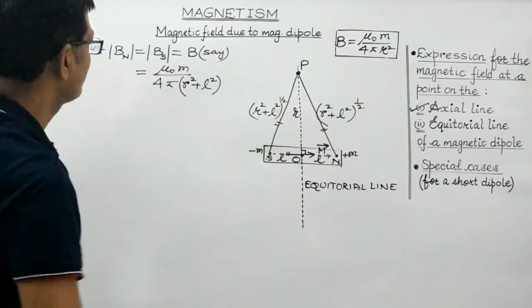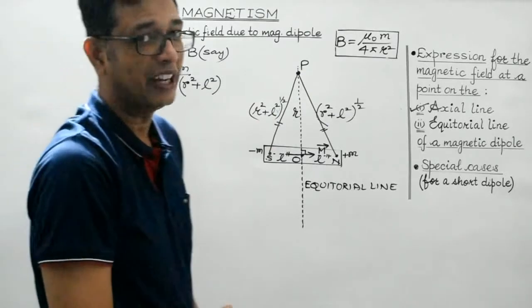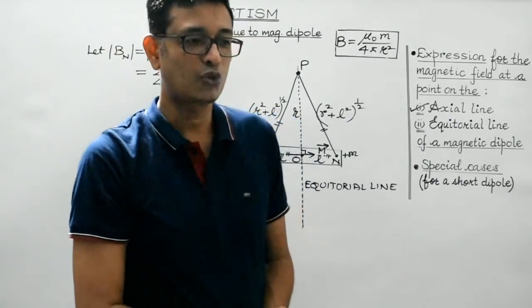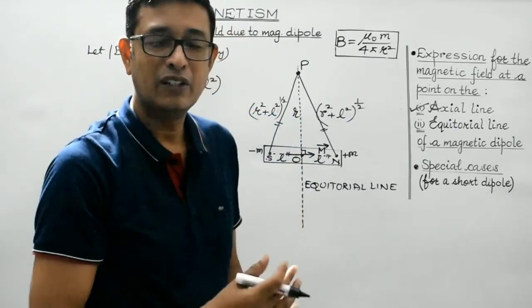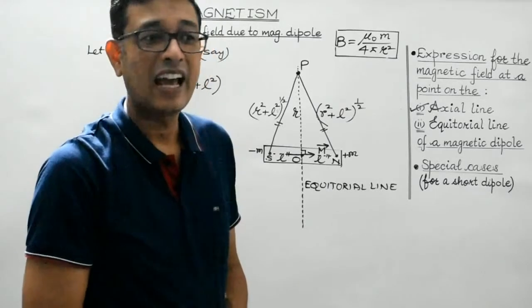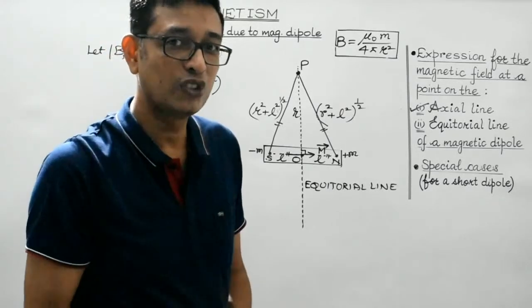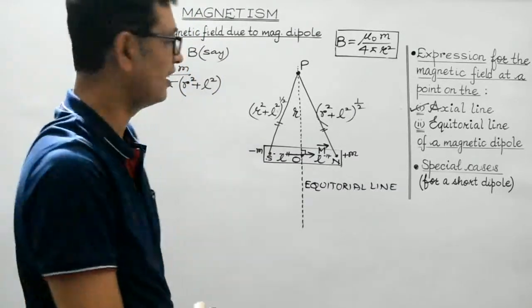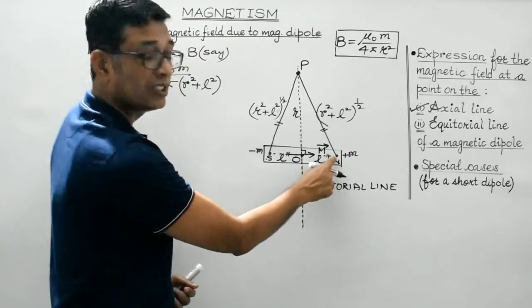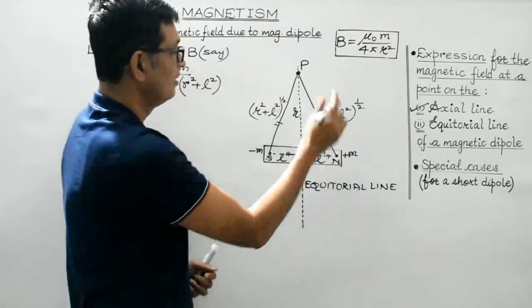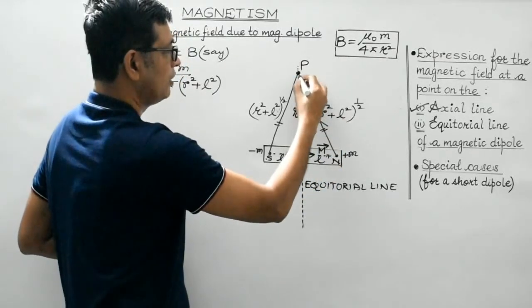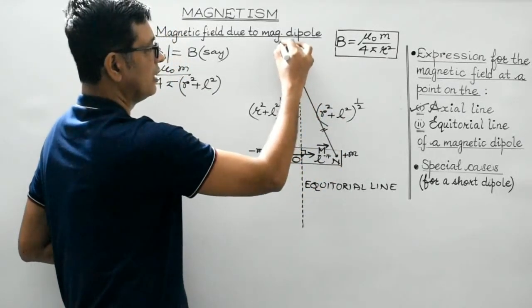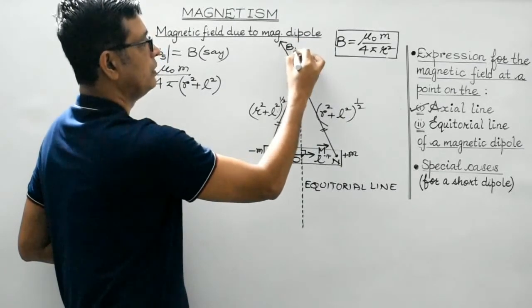Clear? Now let's draw the vector diagram at point P. Because students, you are aware, whenever we deal with vector quantities, they have to be dealt with using the laws of vector addition by drawing an appropriate vector diagram. Now due to the north pole, the direction of the magnetic field at point P will be in the outward direction like this. This is Bn.